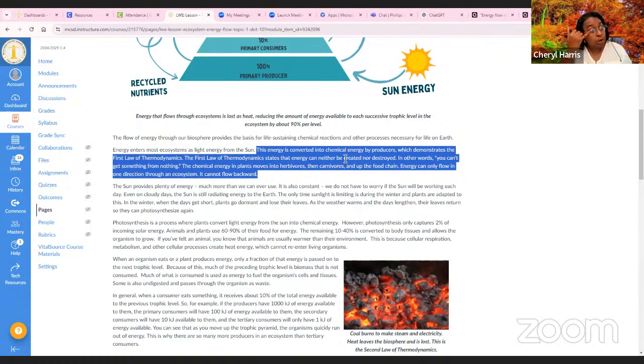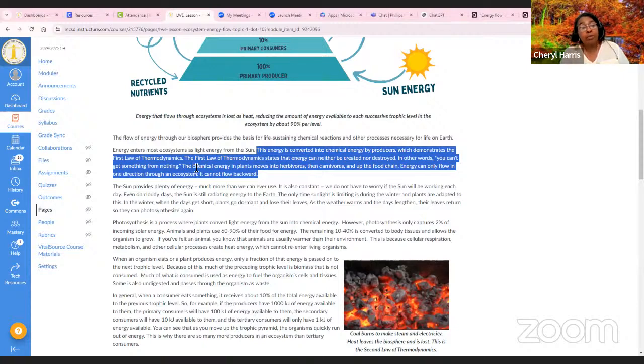So this is why we're talking about cycles. Energy is cycled. So we went through all the different cycles, the carbon cycle, the nitrogen cycle, the hydrologic cycle. Everything is cycled. So all the energy that's in the universe is just cycled over and over again. What we are mostly concerned with when we're talking about ecosystems is chemical energy, because that's the energy that is stored in the bonds of the foods that we make.